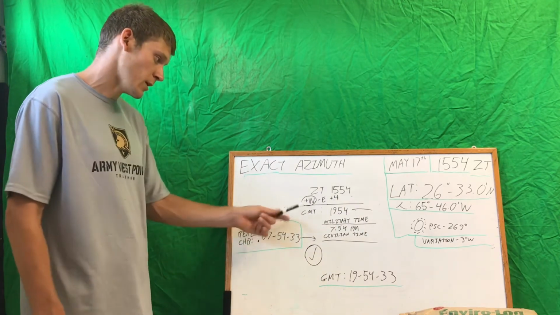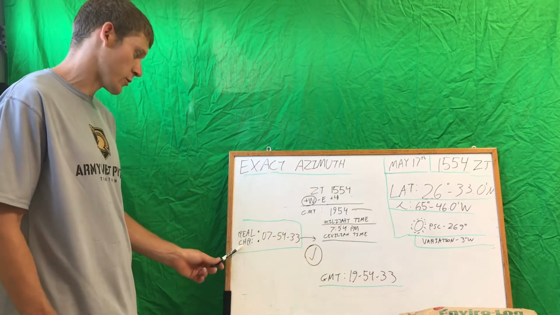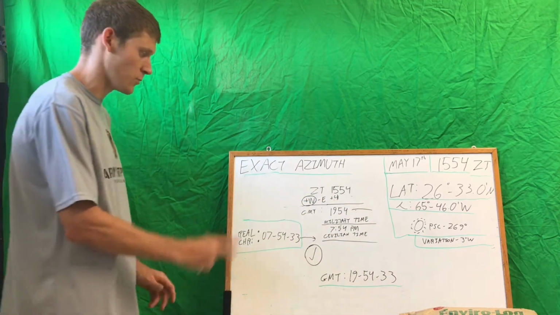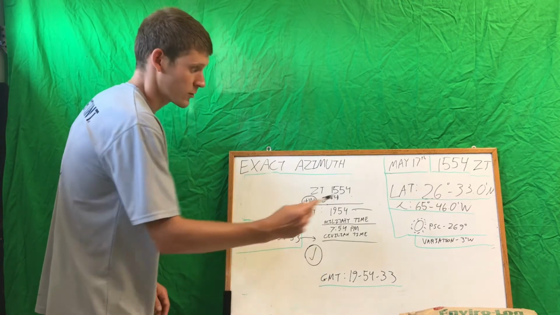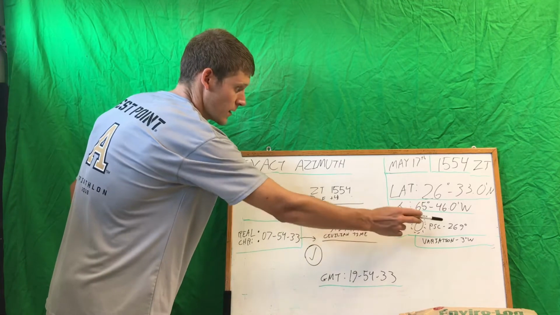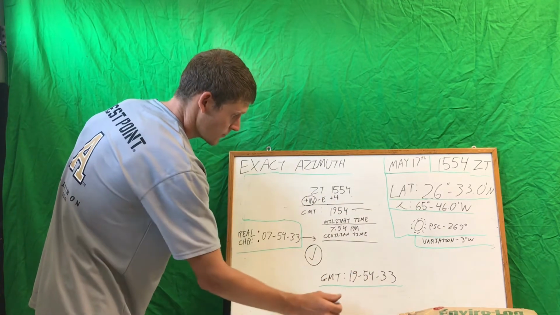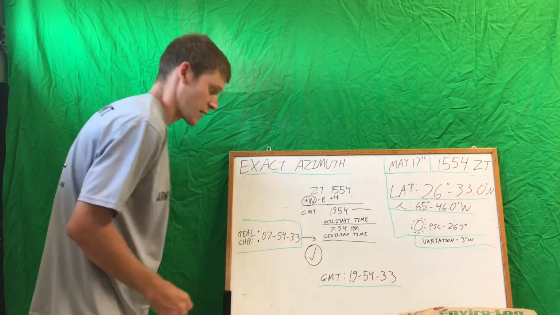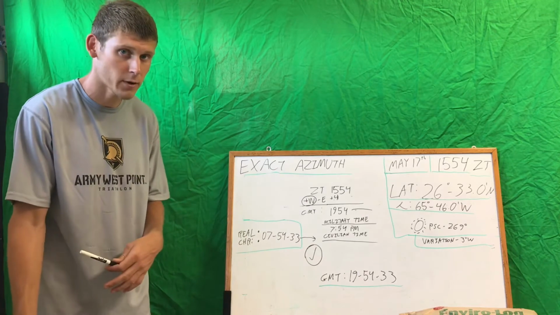So what you do from here is you take your GMT time from the hours and minutes, and you take your real chronometer for the exact seconds, and you put them together. So that means our GMT time when we observed our sun at 269 was 19 hours, 54 minutes, and 33 seconds. And when we added this 4, we didn't go over 24.